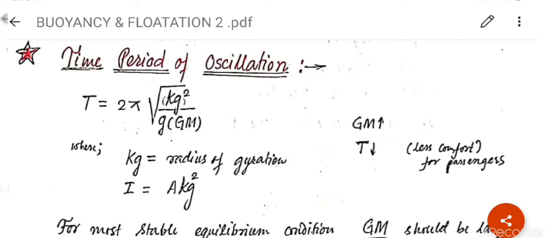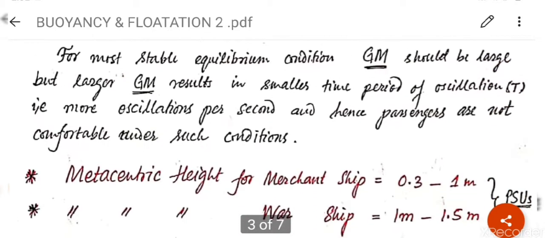So less comfort for passengers, ships, etc. For most stable equilibrium condition, GM should be large, but larger GM results in a smaller time period of oscillation because it is inversely proportional. As we increase GM, T will go on decreasing; if we decrease GM, T will increase. That is more oscillation per second, and hence passengers are not comfortable under such condition.